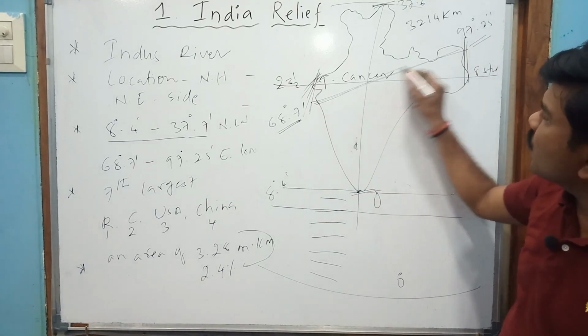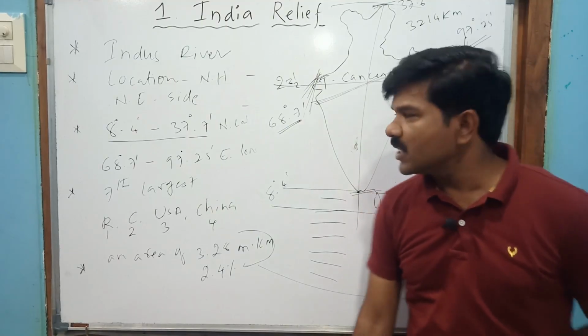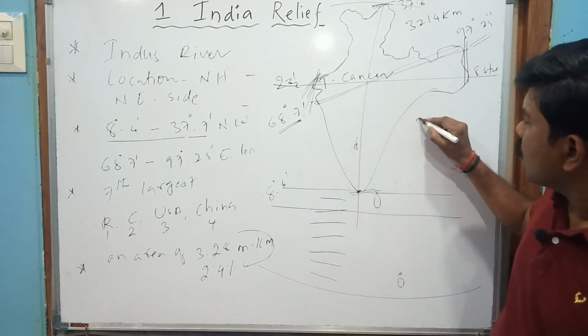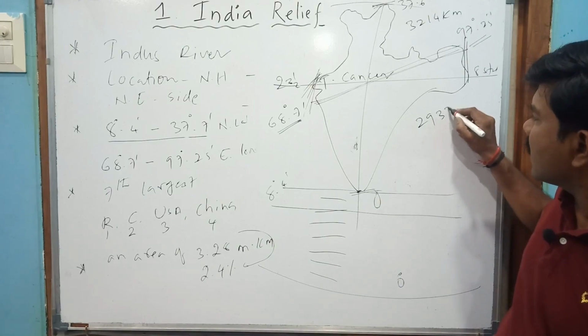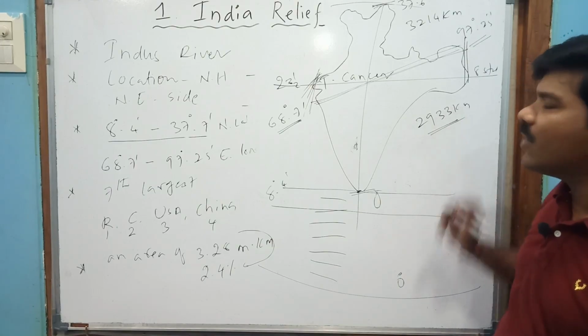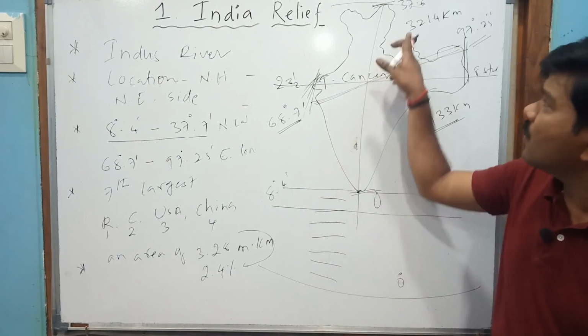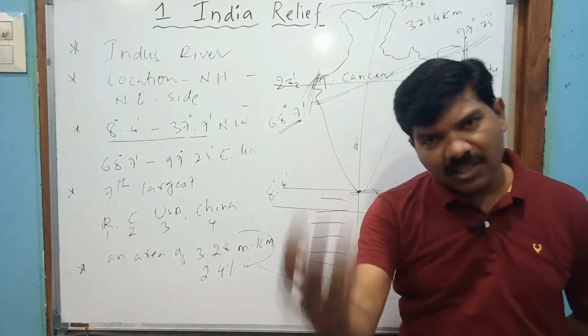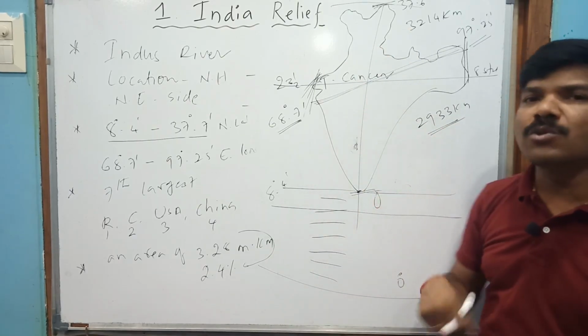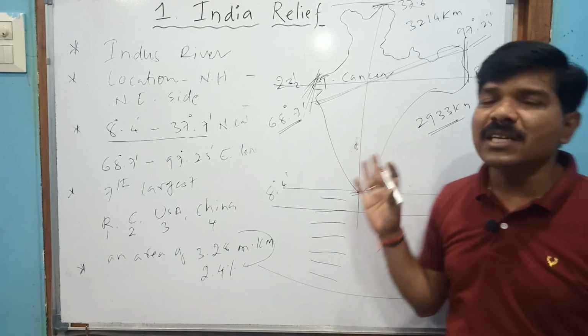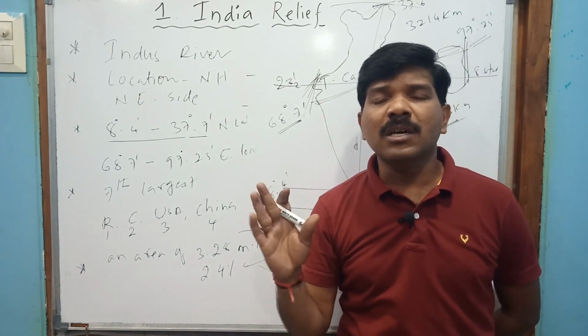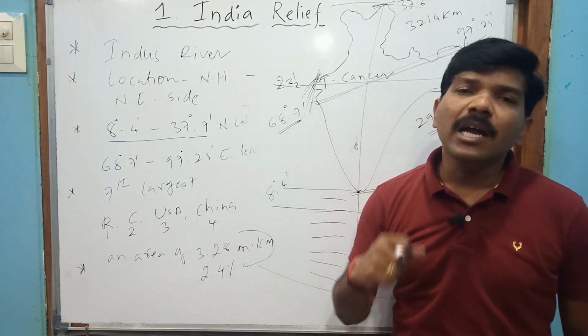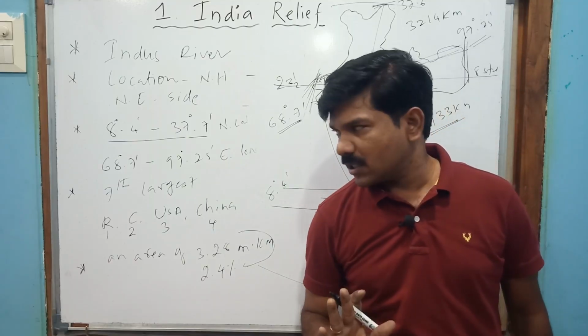The west to east distance is 2,933 kilometers. So on average, India's north to south and west to east extent is about 3,000 kilometers.